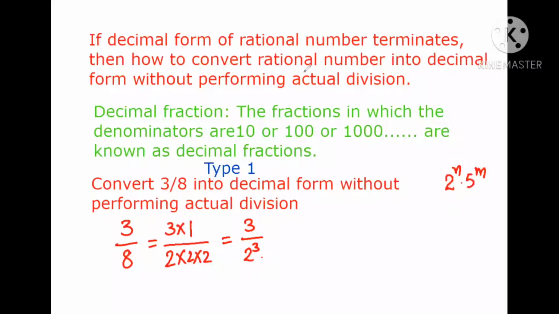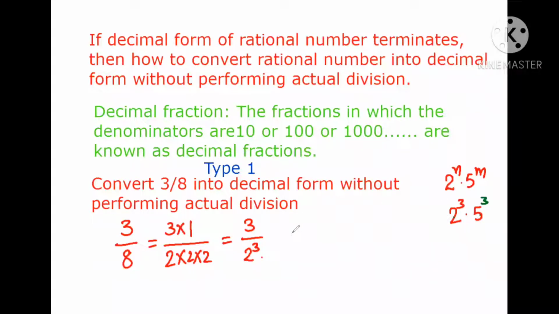So here 2 power 3 is already there, but 5 power something is not there. So select the same exponent of 2 for 5 also. So write here 5 power 3. The exponents of 2 and 5 should be the same. Then only we can convert the fraction into decimal form easily.